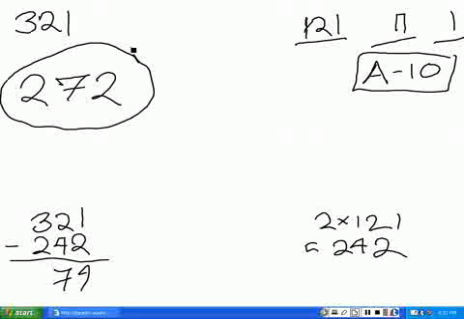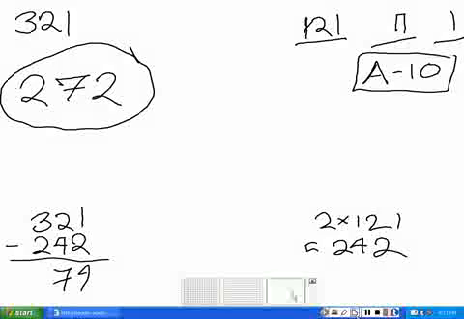Now, let's try something a little different. So we tried a number in base 10, and we converted it to base 11. But suppose we have a number in base 11, and we want to convert it to base 10. So let's start off with 32 in base 11.